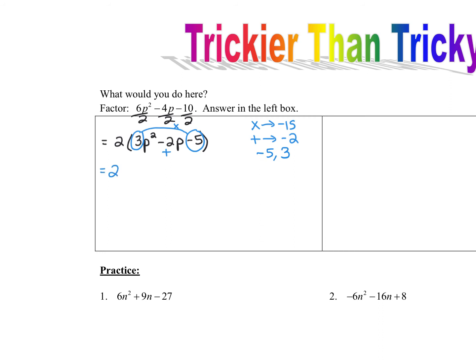So that common factor of 2 has to stay out front. And then you're left with 3p squared. The -2p will be broken down into -5p plus 3p minus 5.